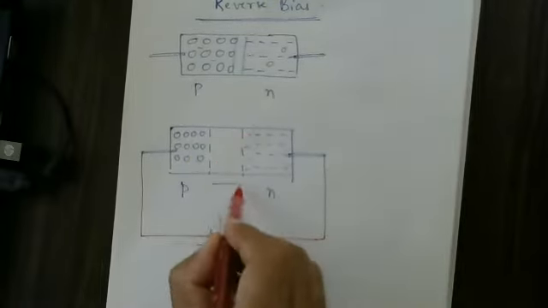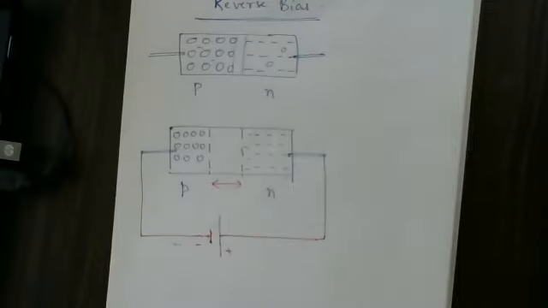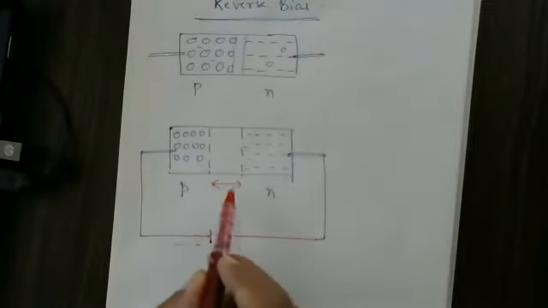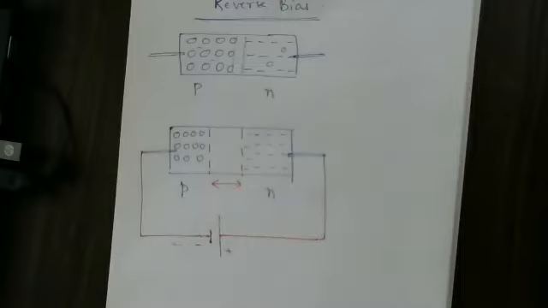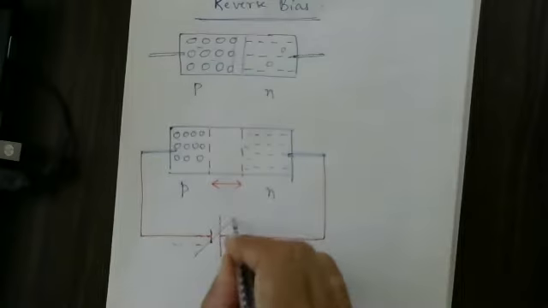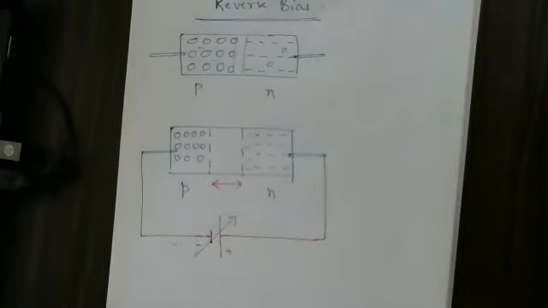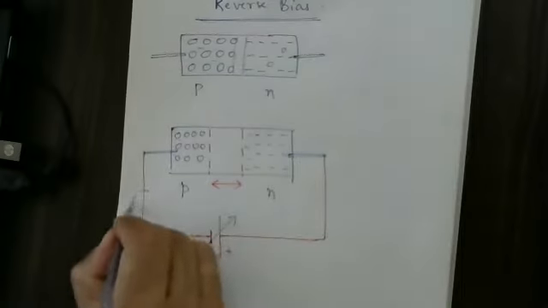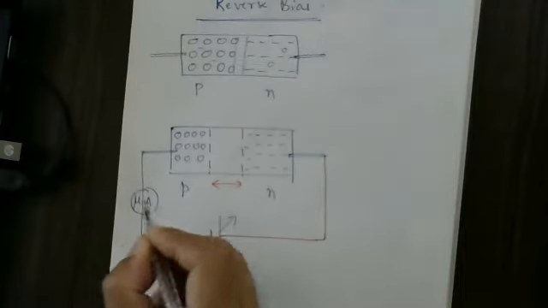The thickness of this junction, called the charge depletion region, increases. How are we going to write this in the form of a circuit? I will apply a variable potential. Here we are going to connect a current meter, which is a microammeter.